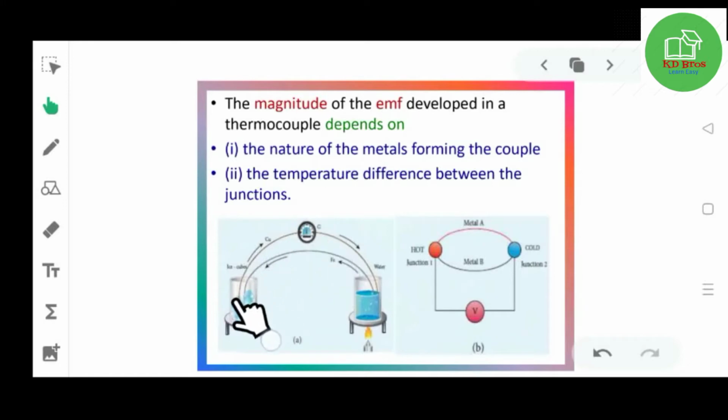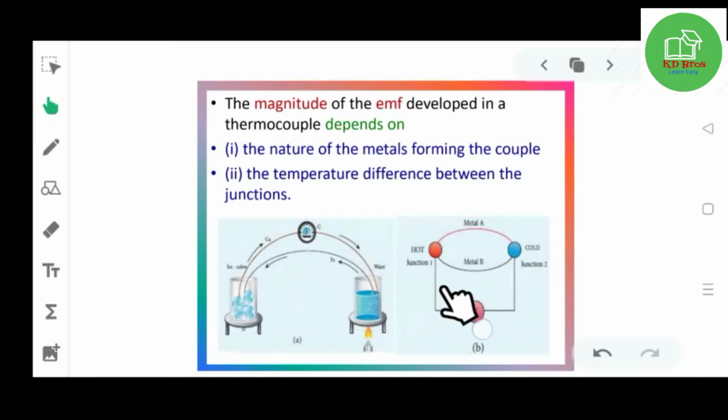Between these two we have maintained two different temperatures, one cold and the other hot junction, because we are giving heat energy continuously. In between, we have connected a sensitive galvanometer. By maintaining different temperatures, the current passes from iron to copper at the cold junction. At the hot junction the current passes from copper to iron.